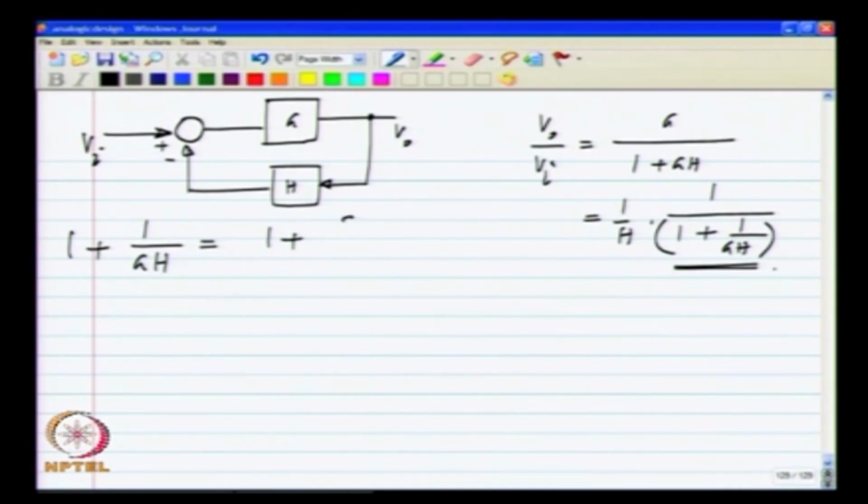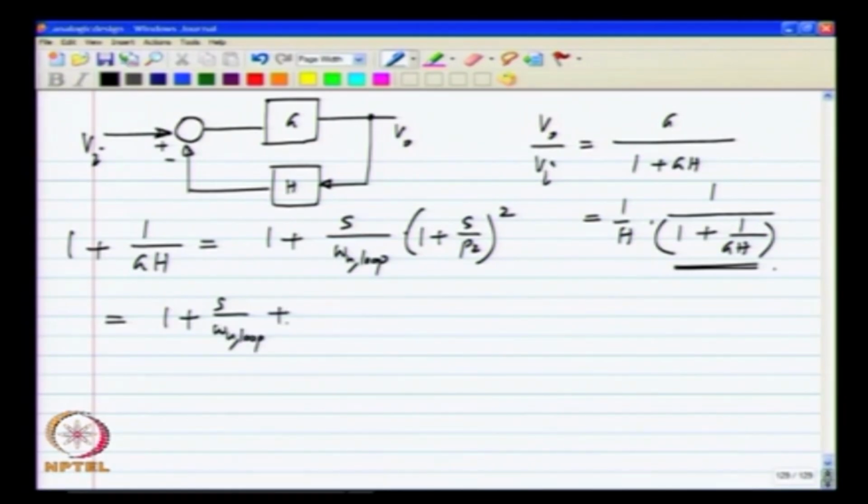So, we have 1 plus s by omega u loop times 1 plus s by P2 squared, and this will be 1 plus s by omega u loop plus 2 times s square by omega u loop times P2 plus s cube by omega u loop times P2 squared.